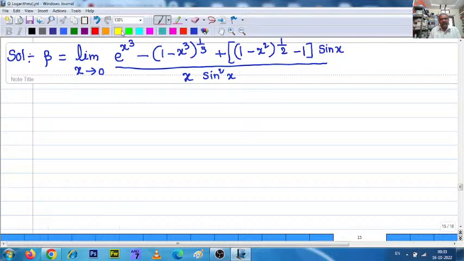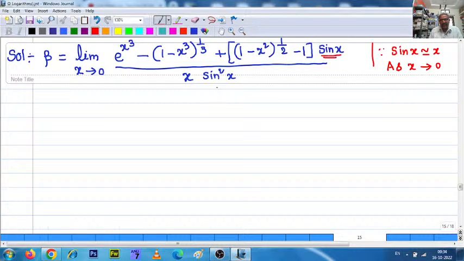See the first step. What shall we do? In the place of sin x, let us replace x, since as x tends to 0, x is very negligible.